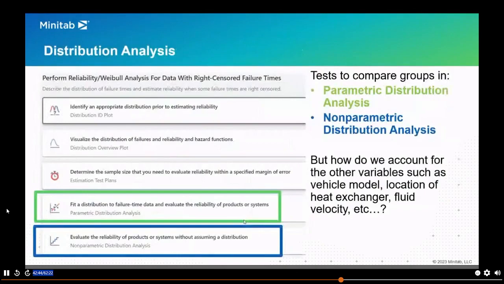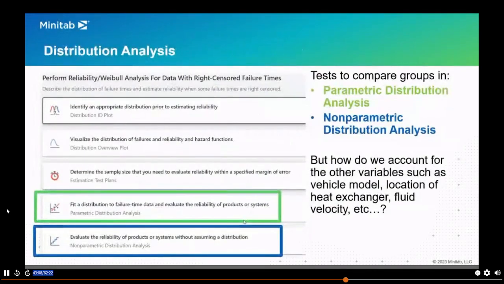There are other things that affect the lifetime of a heat exchanger. So I also want to include things like the vehicle model, or in this case, it's an HVAC system. I want to include the model of the HVAC system. Where is the heat exchanger located within the unit? What's the velocity of the fluid that flows through it? There's a lot of other things that impact this.